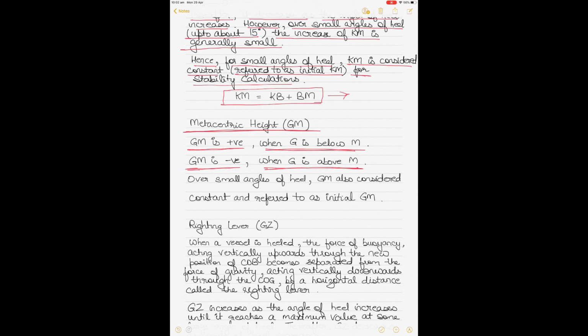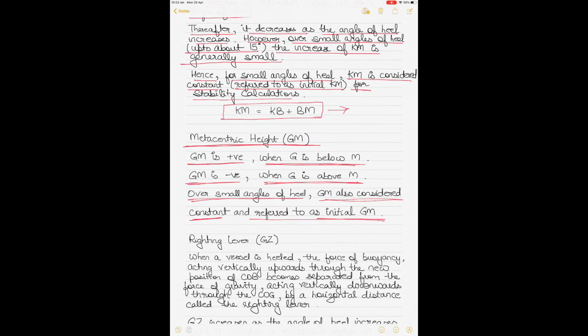Some ships have a small GM, some ships have a big GM, but GM should be positive before your vessel sails out. Some ships have naturally low GM, that's fine, but it should still be positive. Over small angles of heel, GM is also considered constant, just like KM, and referred to as initial GM.